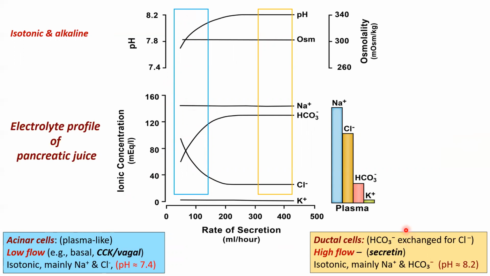Now, when secretin comes into play, and the ductal cell starts increasing the flow to wash out the enzyme, it's doing it by moving bicarb into the duct, right? So bicarb is going to go up, and in exchange for what? Chloride. So chloride is going to go down. It's a lot easier to understand. I don't have to start showing you pieces of ducts and showing high flow and low flow, like we did with the salivary gland.